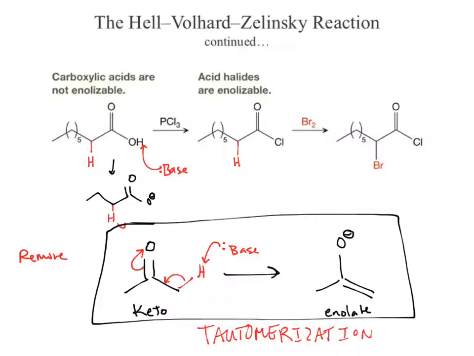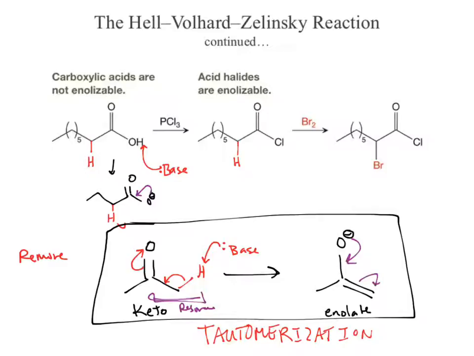Okay. Why does the carboxylate not enolize? Because the carbon isn't positive enough to make it acidic. Why is the carbon not positive enough? That negative oxygen stabilizes, nullifying the ability to do the resonance stabilization in the enolate.